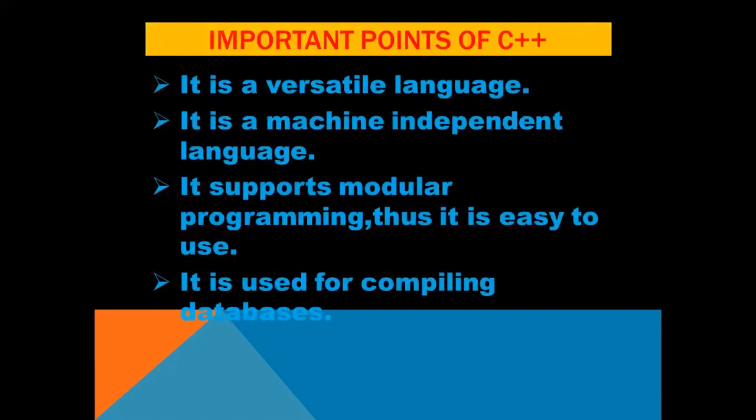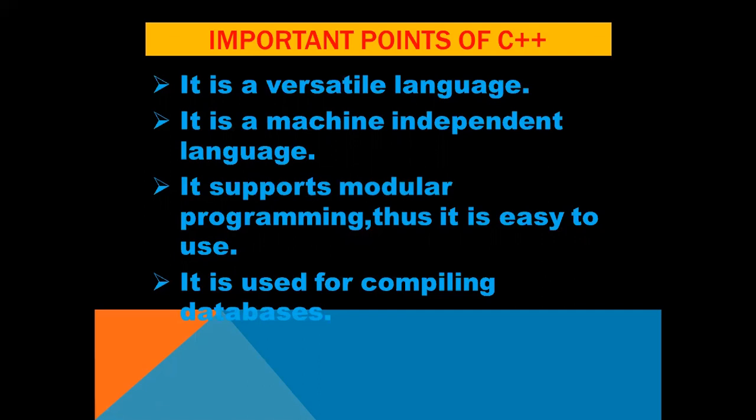Moving further, we have some of the important points in the chapter about C++, right? C++ is a high-level language that was originally developed from C. And like I've already discussed in MCQs, it was developed in the early 1980s by Jain. The name of the inventor is very, very important.